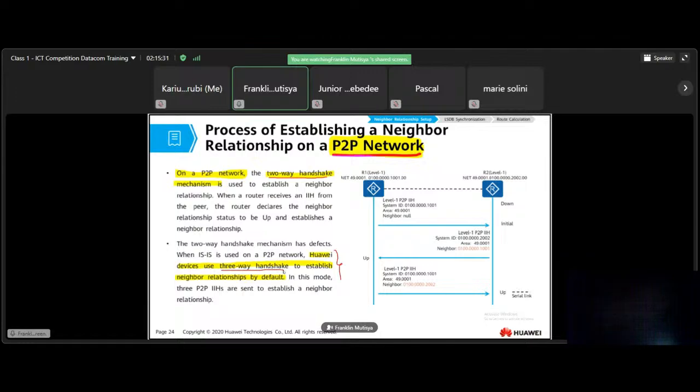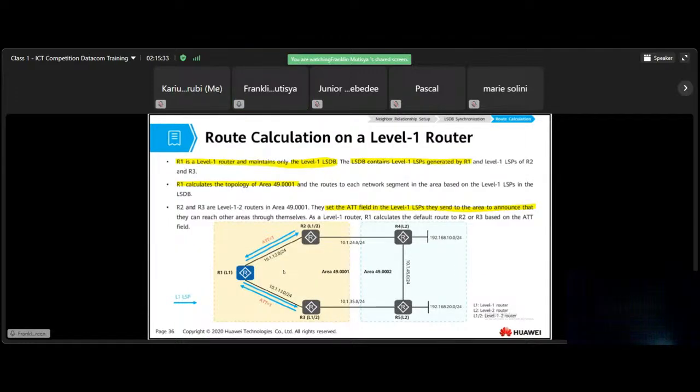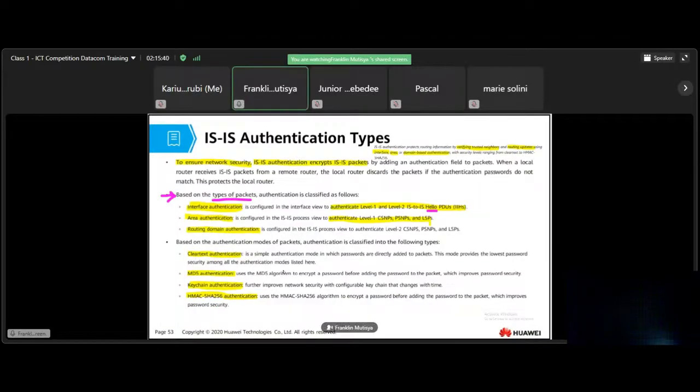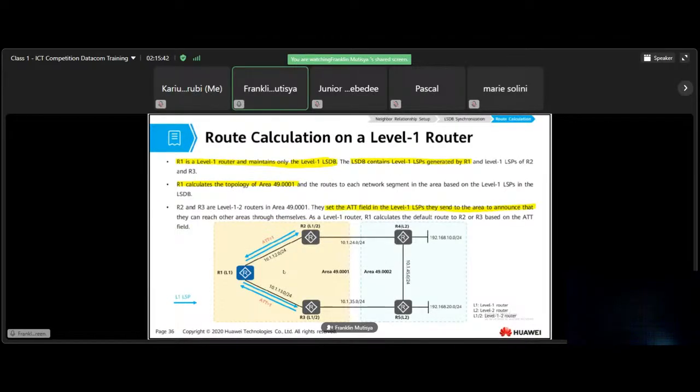Okay, let's look at route calculation on a level 1 router. Remember we said level 1 routers maintain a level 1 LSDB, link state database.